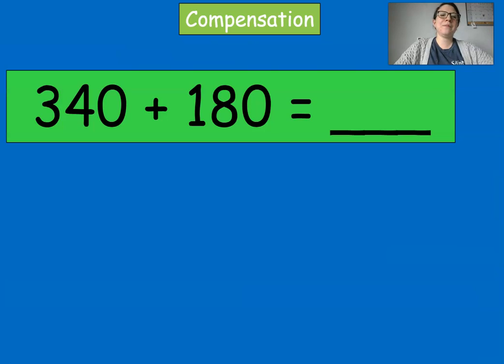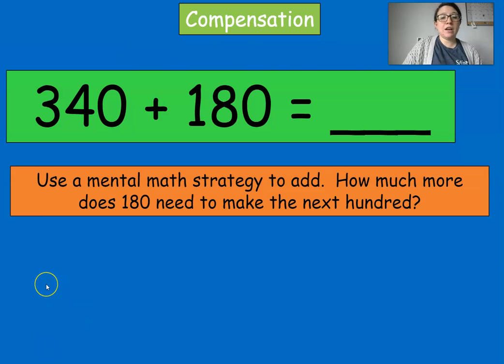Nice work. All right, let's try this one. A little bit different again. 340 plus 180. Which one is closer to its next 100? Not asking which one's bigger, which one is closer to its next 100? Good, 180 is. How many more does 180 need to make its next 100?